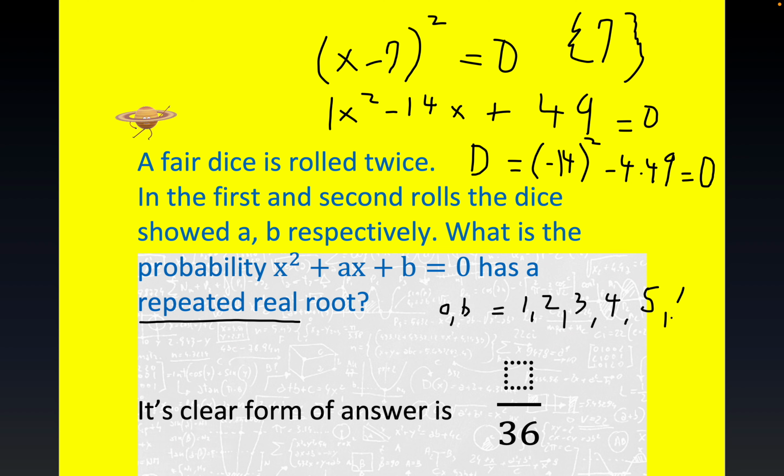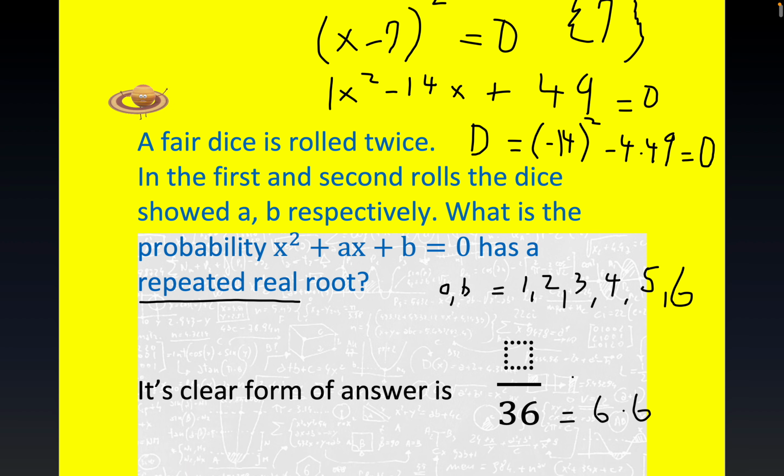Since they're being rolled twice, there are 6 times 6 outcomes. Now the question is, how many of these outcomes involve a repeated root?